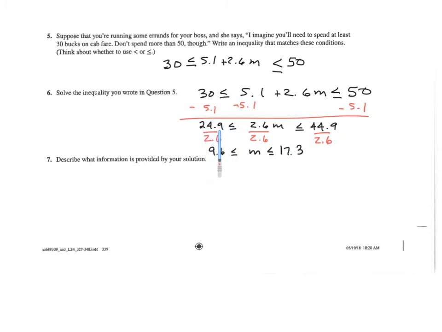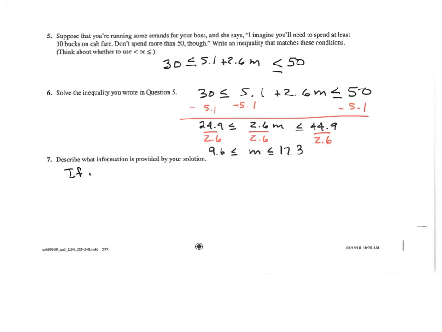I got 24 9/10 is less than or equal to 2 6/10 m, which is less than or equal to 44 9/10. Next thing I did was divide all 3 sides by the 2 6/10 because I need to get the m by itself. And so we have m is between 9 and 6/10 and 17 and 3/10 inclusive. So number 7 asked us to describe what information is provided by your solution.